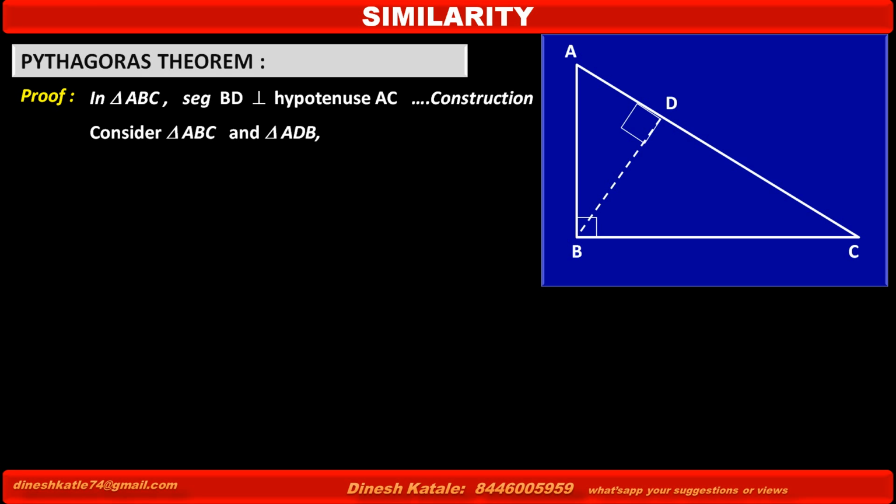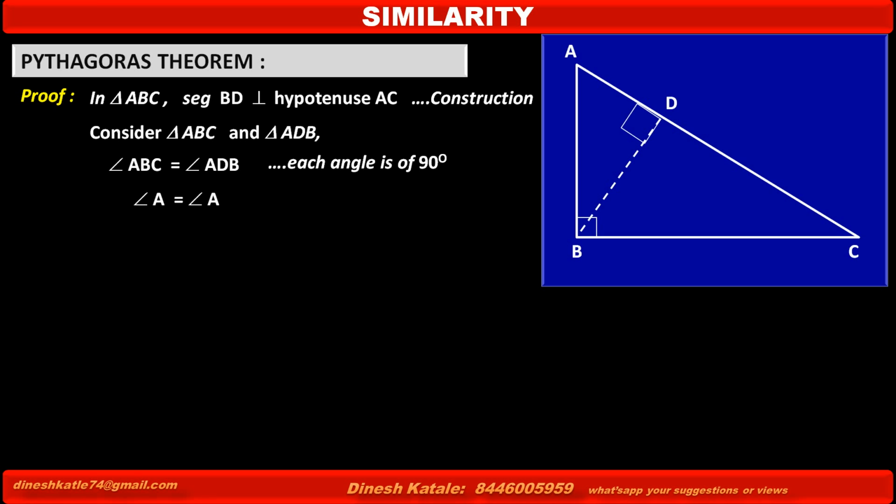First we have to consider two triangles. One triangle is ABC, meaning the whole triangle, and the second is triangle ADB, which is on the left hand side in the diagram. In these two triangles, angle ABC from the first triangle is equal to angle ADB from the second triangle ADB, because each angle is of 90 degrees, meaning each one is a right angle.